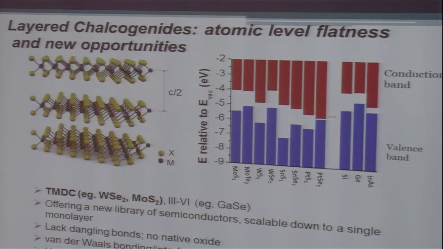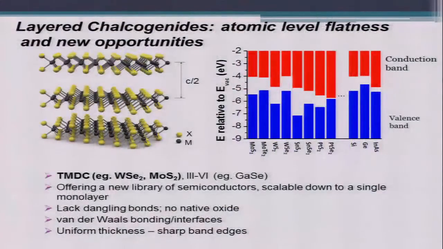They are separated by van der Waals bonding. And the neat thing about this is you can make devices down to a single monolayer. There is no native oxide. In principle, there is no surface roughness. So in principle, you can get very sharp band edges. You don't have to worry about the roughness.